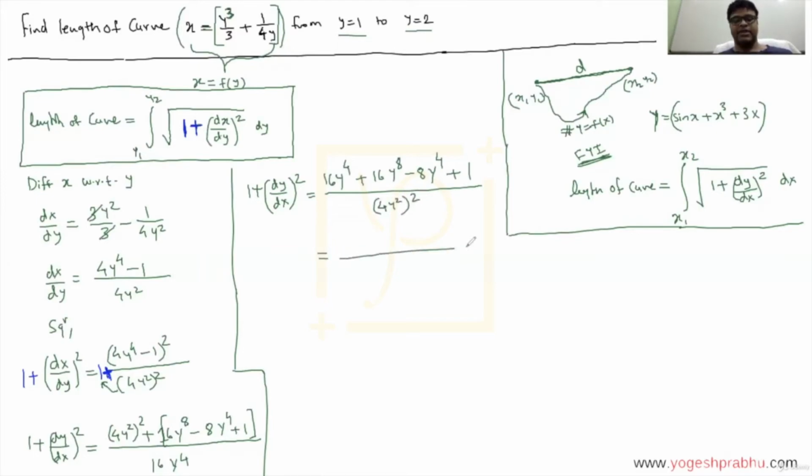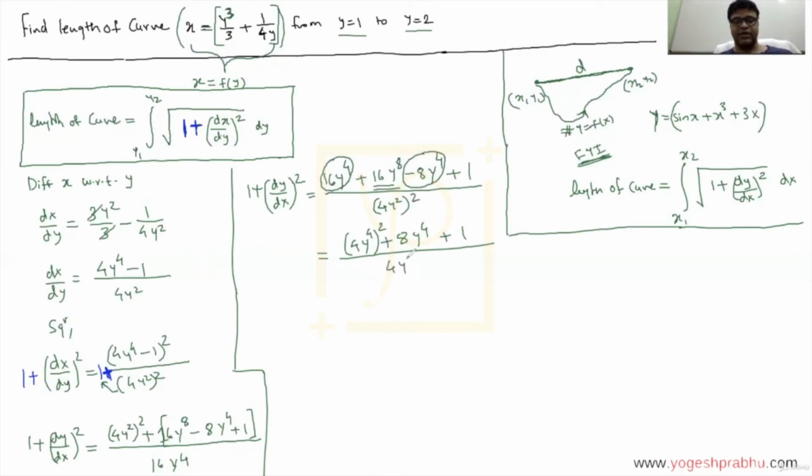Okay. So let's simplify this. Can I club 16y raised to 4 with minus 8y raised to 4? That will be 8y raised to 4 plus 1. And do you see that 16y raised to 8 will be 4y raised to 4 the whole square.